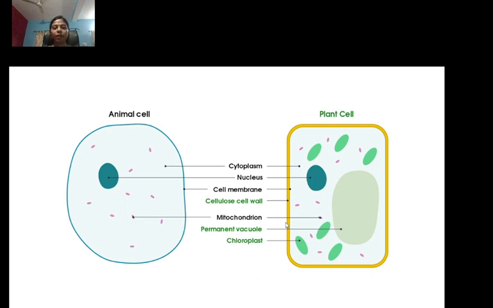is required by plants for, yes, what do you think now? Protection, for support. Good, Suman, Swati, Akanksha, good. Yes, this additional layer surrounding the cell membrane is required by plants for protection.